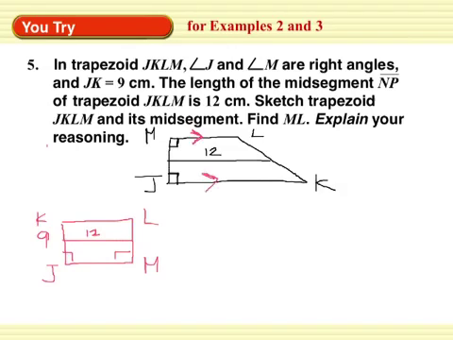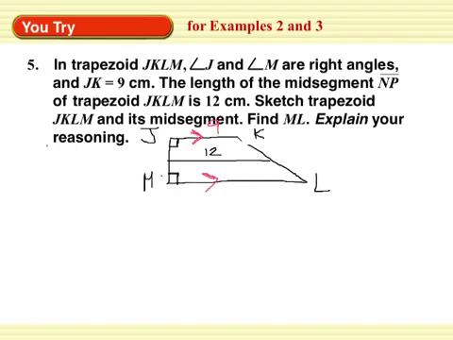And JK is 9. Well, you can see from the drawing that if JK is 9, then ML is way out of proportion. I love erasers. Okay, my drawing is finally done.